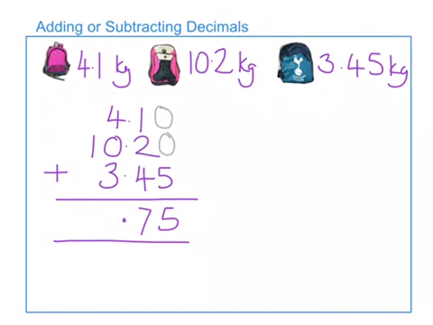Then moving along, I've got 4 and 0 and 3, that makes 7. And then my final column, again, there's nothing there. I've got a 1 and then there's a nothing. So that does make a total of just 1. So my total for the luggage is 17.75. And remember, we were working in kilograms, so my total weight is 17.75 kilograms.